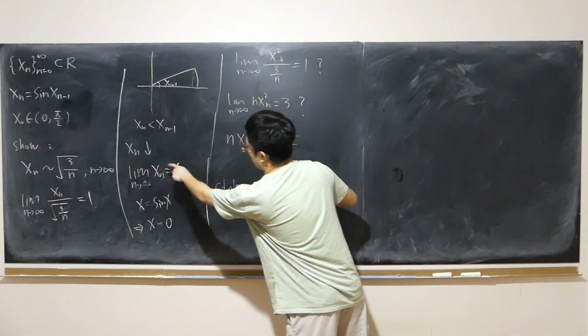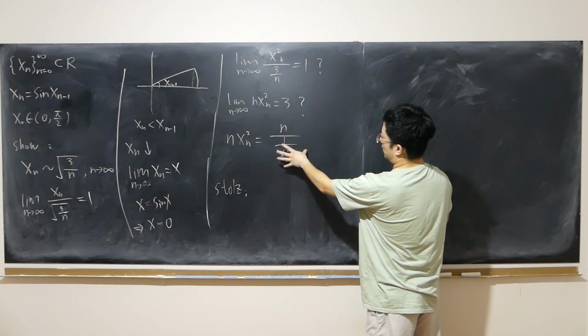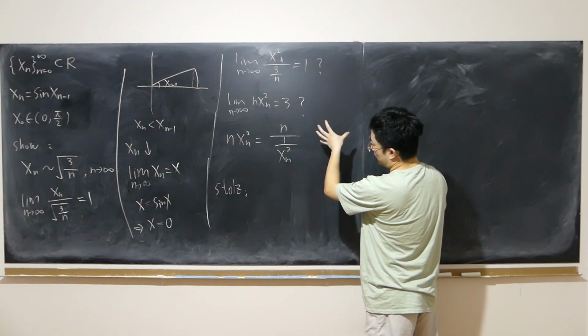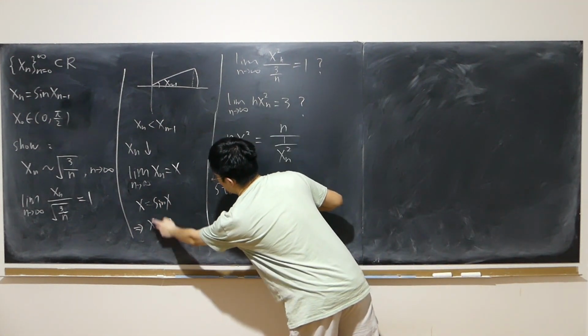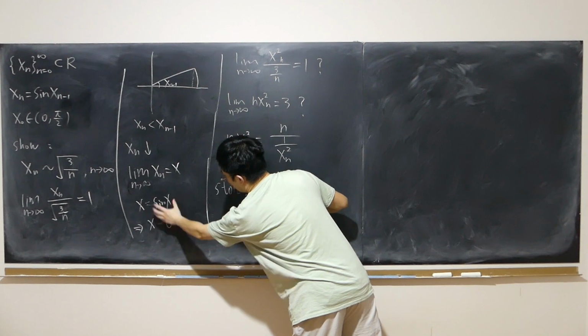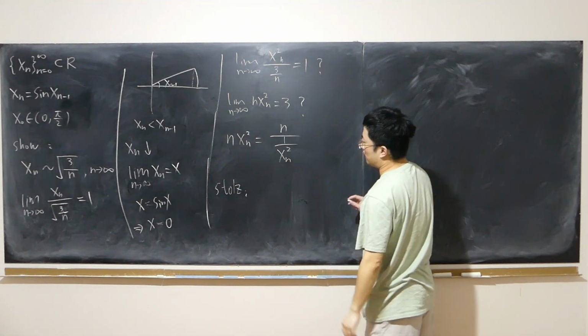So xn is monotonically decreasing, so 1 over xn squared is monotonically strictly increasing to infinity, because xn tends towards 0. That's why its reciprocal is tending towards positive infinity. So this time we can apply it.